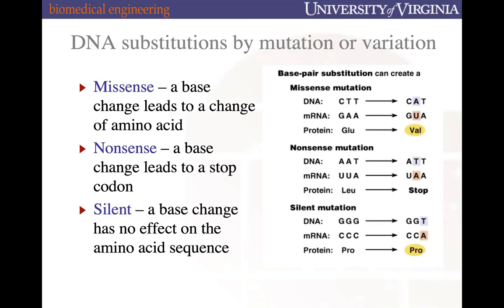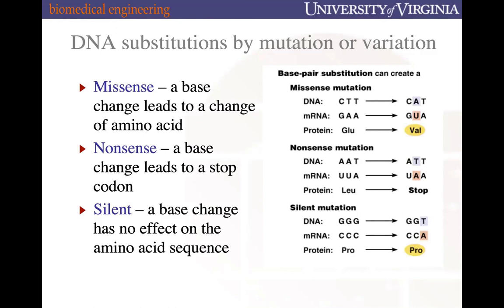And so when you have a change in the amino acid as a result of some mutation, we call that a missense mutation. When it leads to a totally new amino acid, we call that missense. In the middle example, when the mutation leads to a new codon that encodes for the stop codon, we call that nonsense. Nonsense is when, again, there's a stop codon that is a result of a mutation.